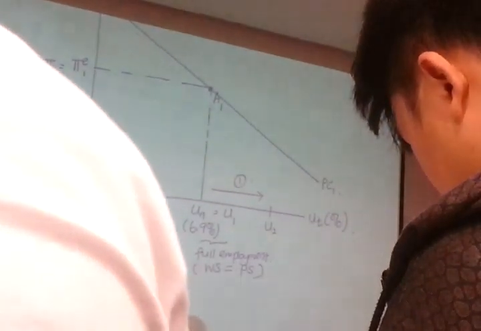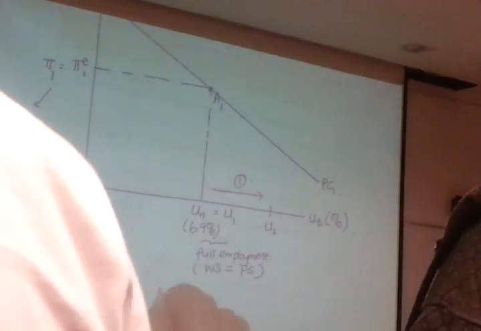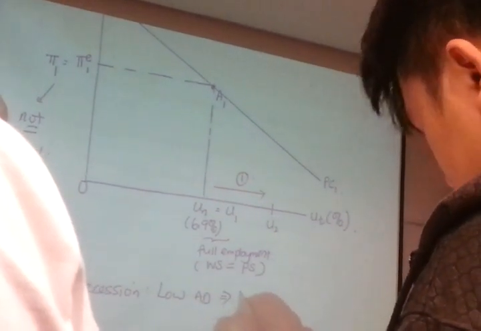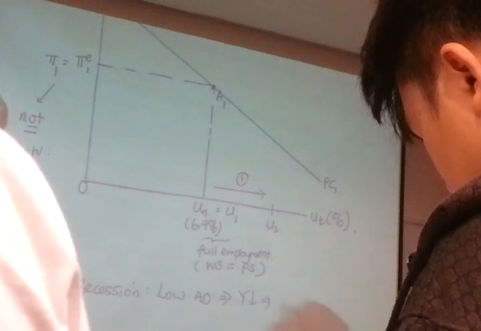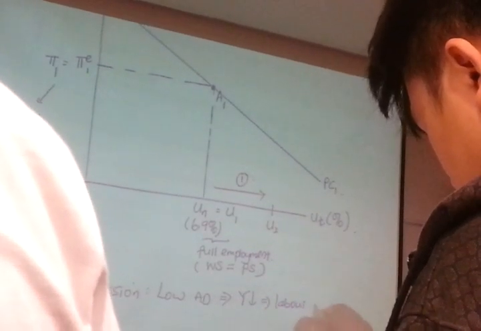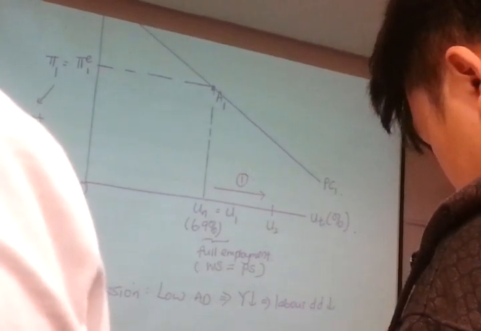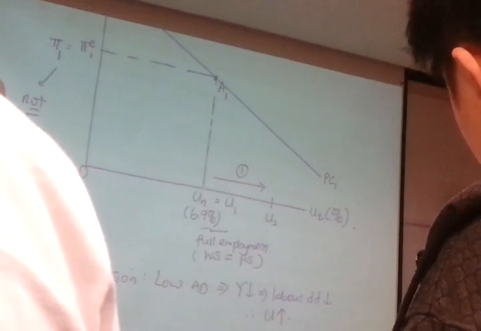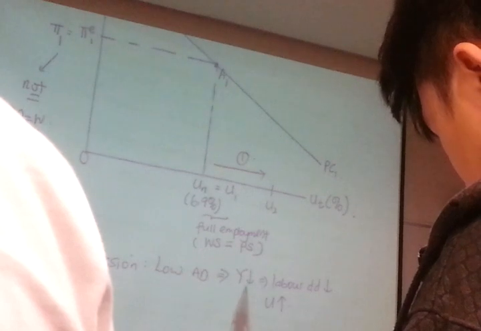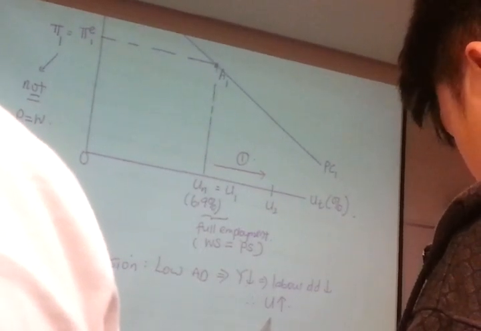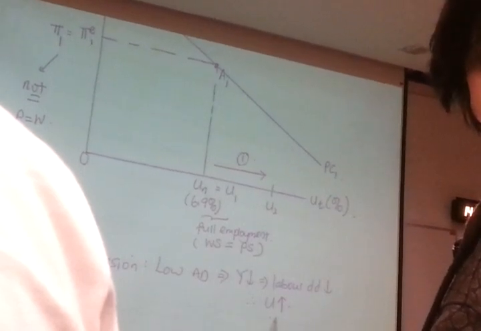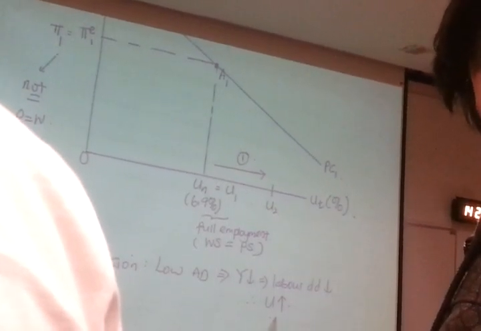So if the economy is facing a recession, it means you have low aggregate demand, your output falls, your labor demand drops. That's why your unemployment is higher. Some of you may recall, Y and U go in opposite directions. It's known as Okun's law. Okay, and this will be taught in topic 8 later on.